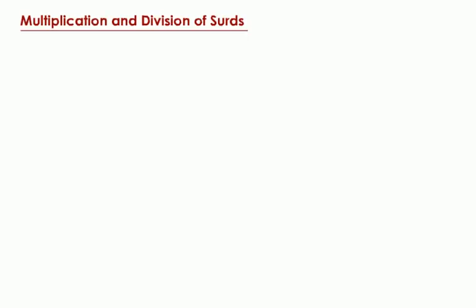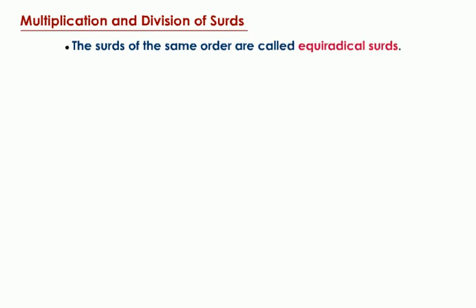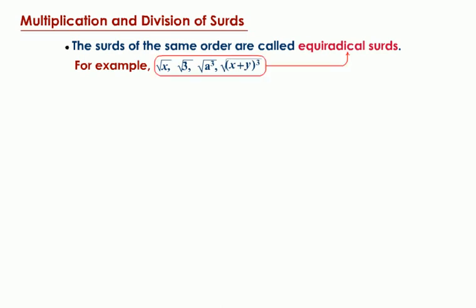Multiplication and division of surds. Students, the surds of the same order are called equiradical surds. For example, √x, √3, cube root of a cube, cube root of (x plus y) whole cube are equiradical surds because they all have the same root symbol.